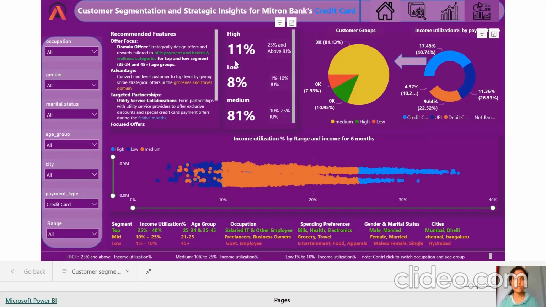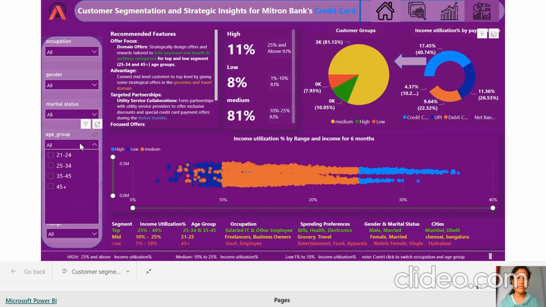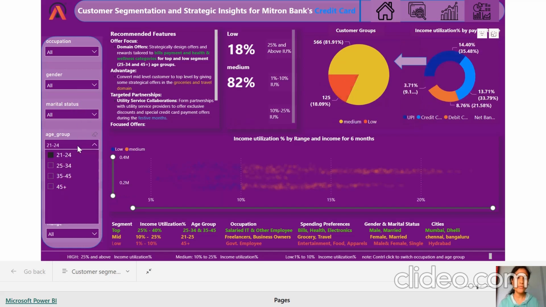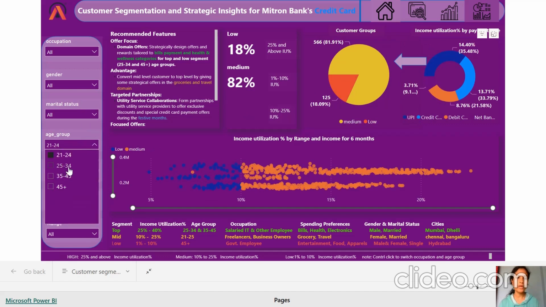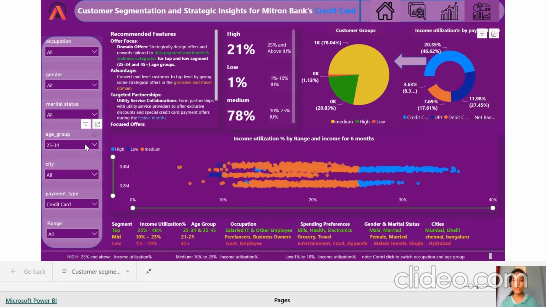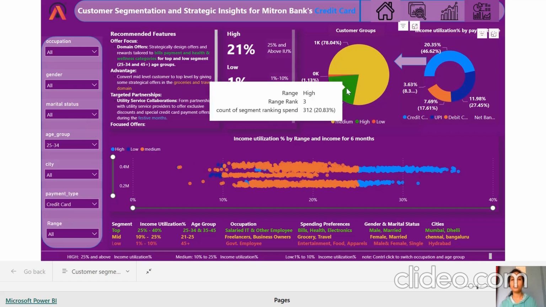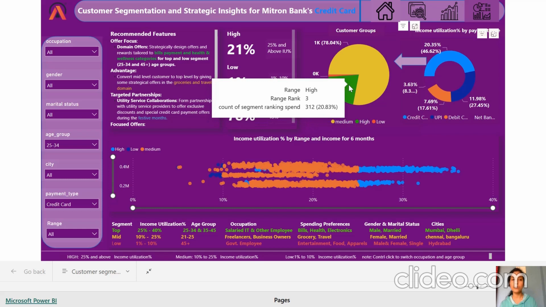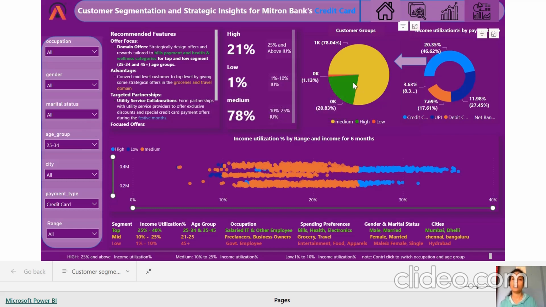Here I can give the proof of this segmentation. For example, the age groups 25 to 34 and 35 to 45, I have given as top. If I filter to the 25 to 34 age group, you can see that more customers belong to the top level.